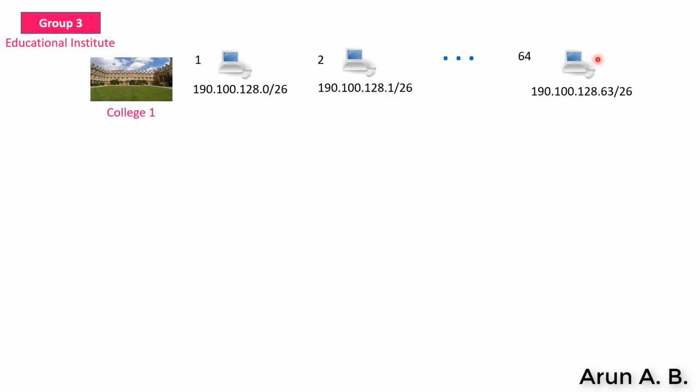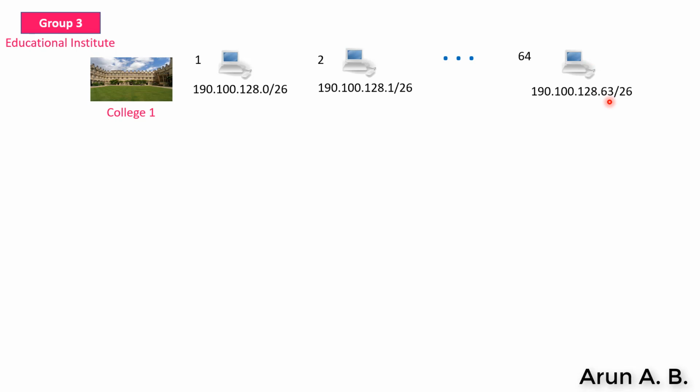The first college will have a requirement of 64 IP addresses, whereas the first system will be assigned 190.100.128.0 and it is /26 because we have 26 bits as net ID. The second system will be assigned 128.1. The 64th system will be assigned 128.63.